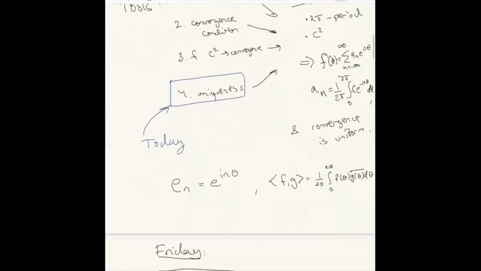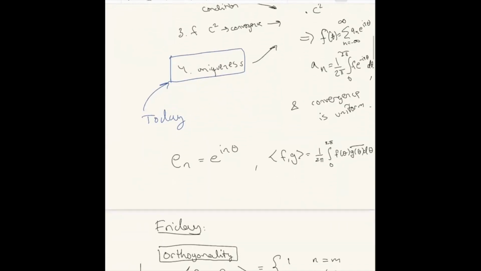And some notation just in case you haven't seen it. So we have this basis of functions e_n(x), which is e_n(θ), which is e^{inθ}. And this was cosine nθ plus i sine nθ.